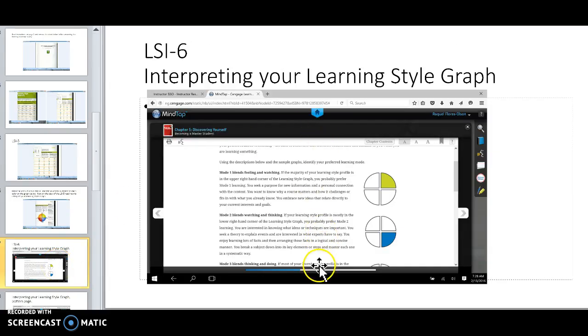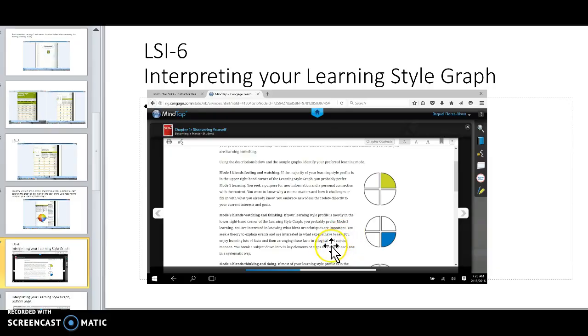Next, on the back of LSI5, you're going to find LSI6. And I would like for you to spend some time reading, interpreting your learning style graph. Depending on how you answer your questions and you plotted your numbers and you got a graph, your graph is going to look like more towards the upper right or the bottom right of the graph. Each one represents something.